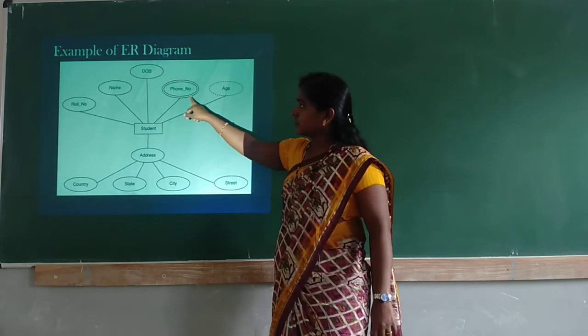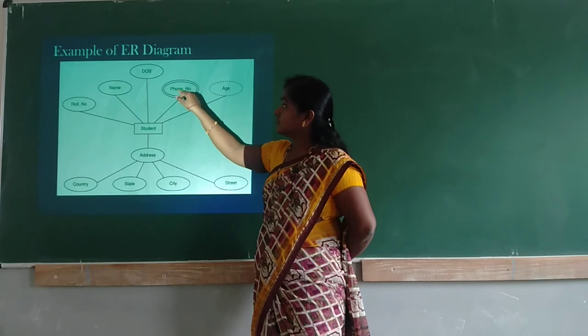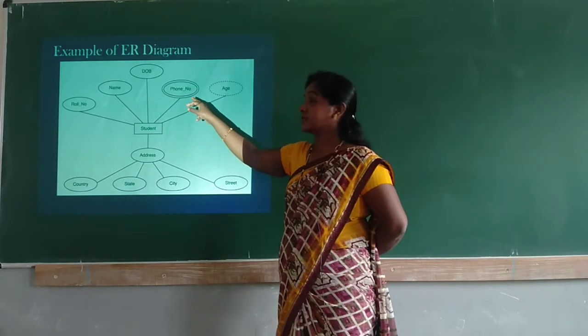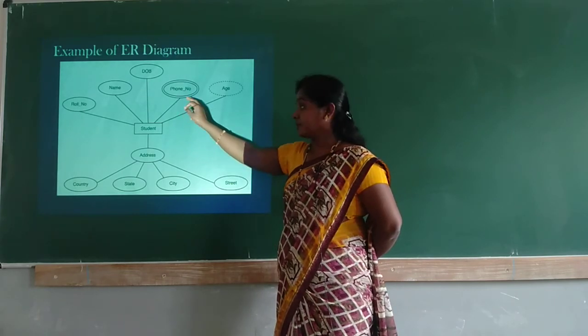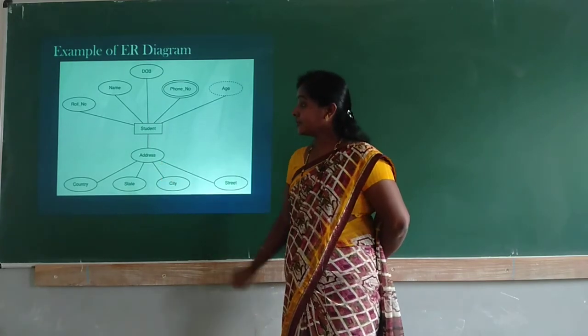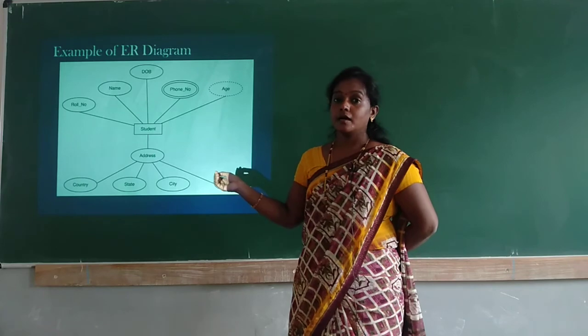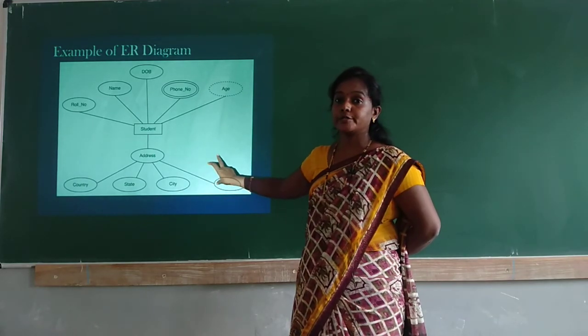Here phone number is multi-valued. It is represented by a double oval. And here the address is also another attribute which has country, state, city as sub-attributes. This is an example for a composite attribute.